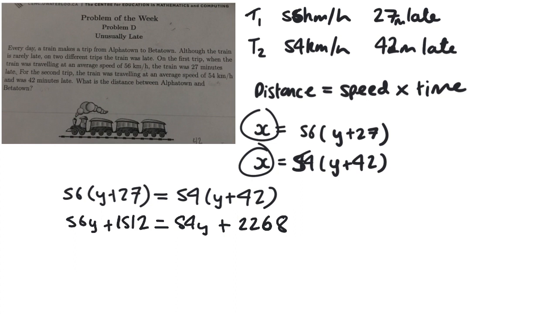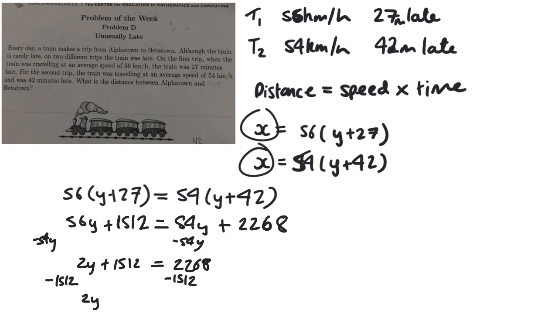So then we can start eliminating different things. If we minus 54y from each side, we get 2y plus 1,512 equals 2,268. And then we can minus 1,512 from each side, and we get that 2y equals 756.